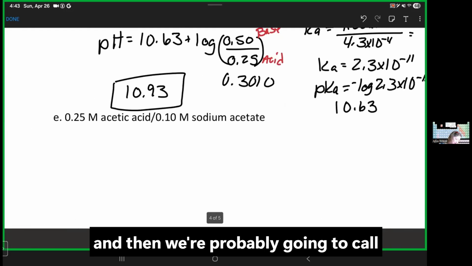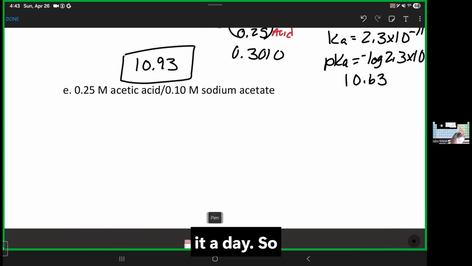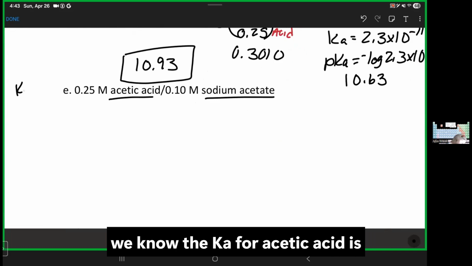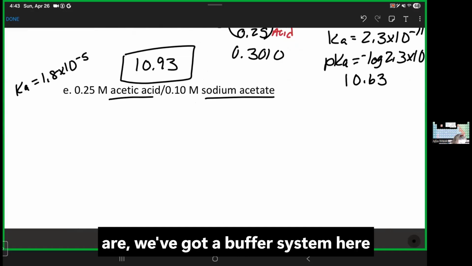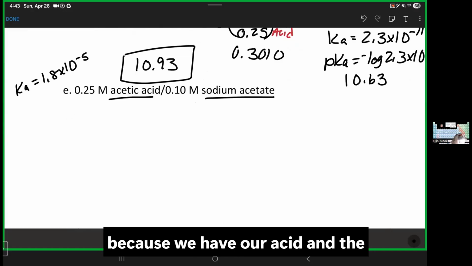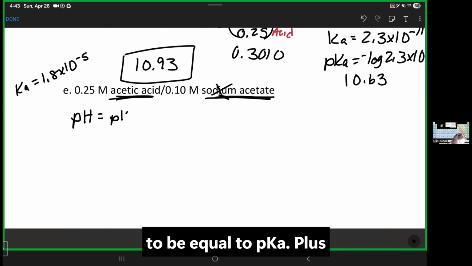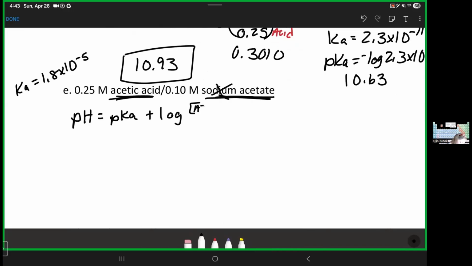Okay, and I think I've got one more of these, and then we're probably going to call it a day. So I've got, again, acetic acid, so we know the Ka for acetic acid is 1.8 times 10 to the negative 5. So we've got a buffer system here because we have our acid and the conjugate base. So we know pH is going to be equal to pKa plus the log of A-minus over HA.